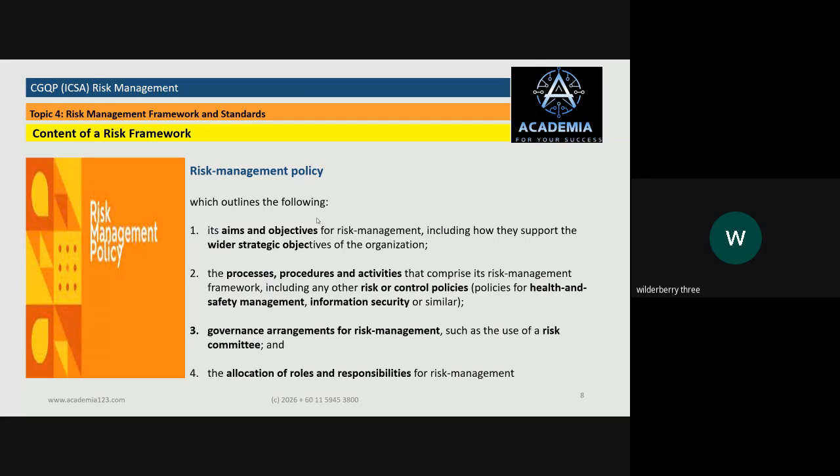It outlines the processes, procedures, and activities. It also gives you control policies. For example, health and safety is always quite important in any manufacturing company, to prevent any accidents. And then of course you have to have a control policy in place. How often do you do a check? The check should be random.